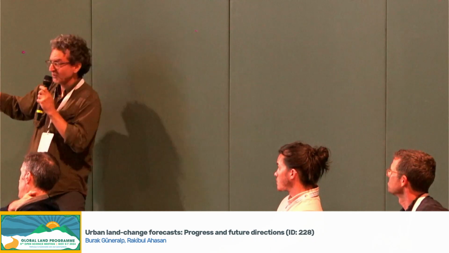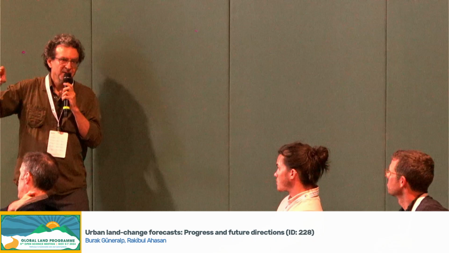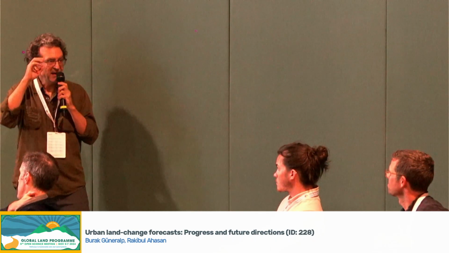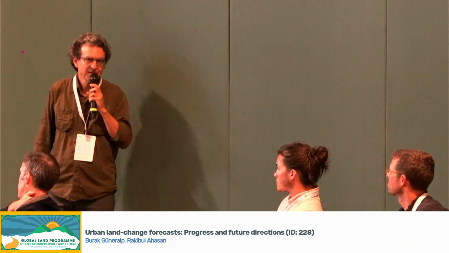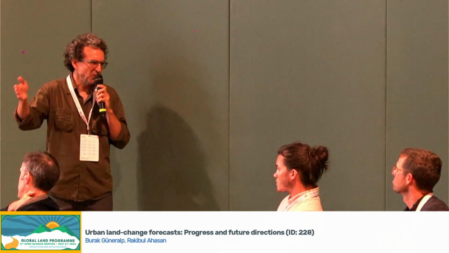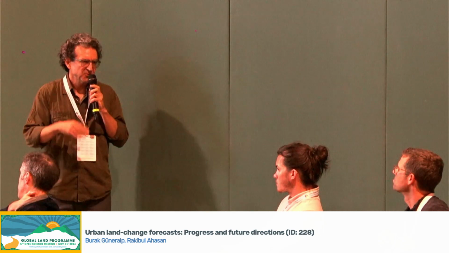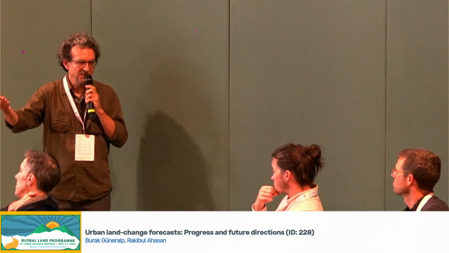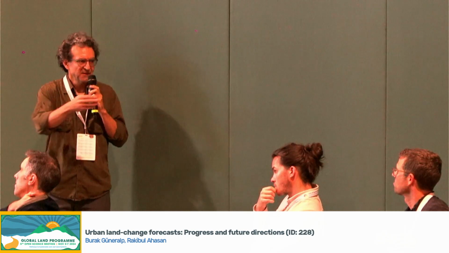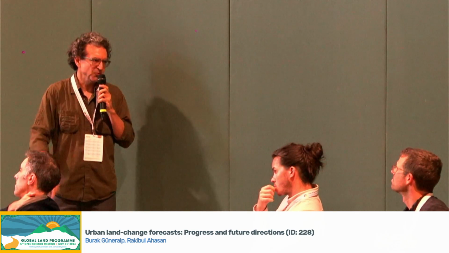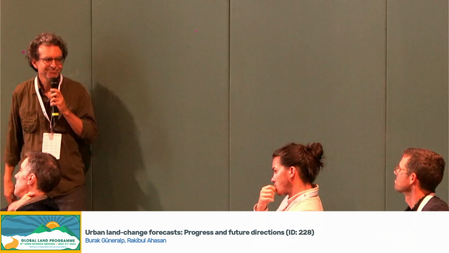Leaving those aside, part of his point is that when you say our forecasts are 70% accurate, it's actually less than the accuracy of your reference map. So his argument is you need to evaluate the accuracy of your forecasts in relation to the accuracy of the reference map that you use, because it's never perfect.